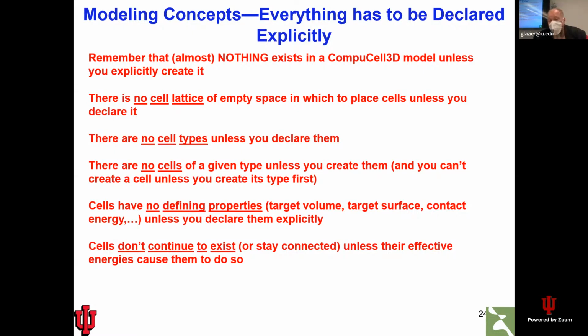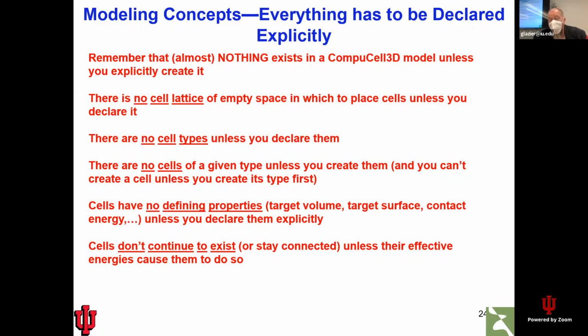Computationally, unless I assert some properties of the system, they're not there. If we don't define a cell lattice, the simulation doesn't have a cell lattice to put cells in. If we don't define cell types, there are no cell types. If I don't create cells to instantiate a given cell type, there aren't any cells. And those cells don't have any property unless we define them.